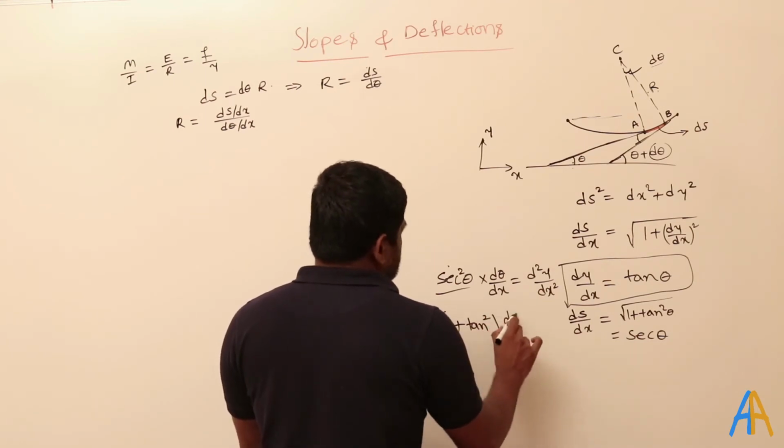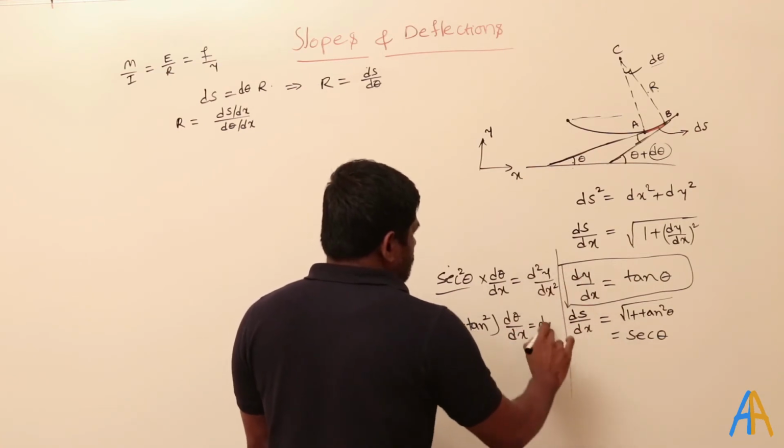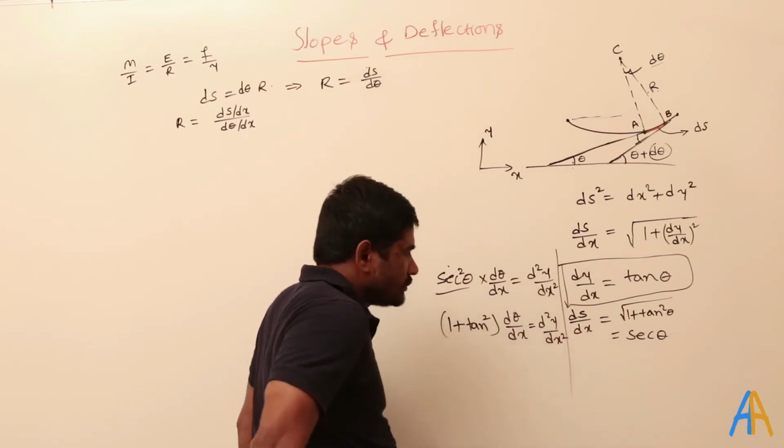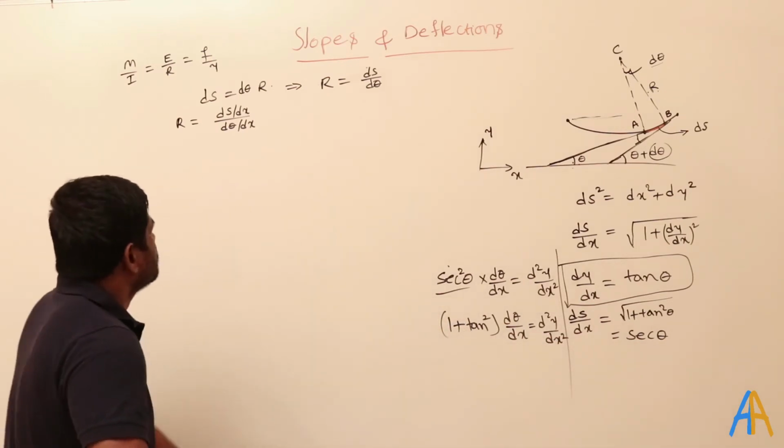Okay, d theta divided by dx is equal to d square y divided by dx square. So I will substitute these values here.